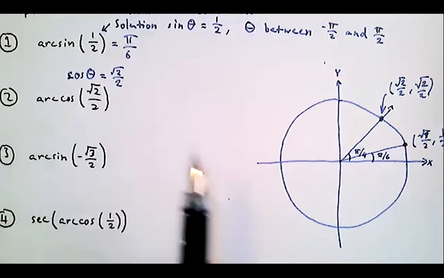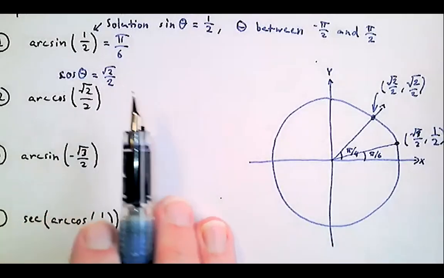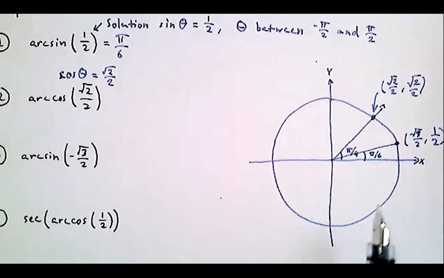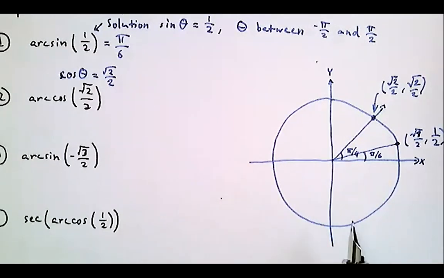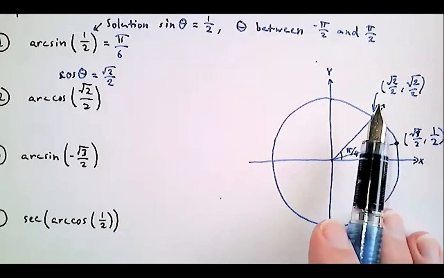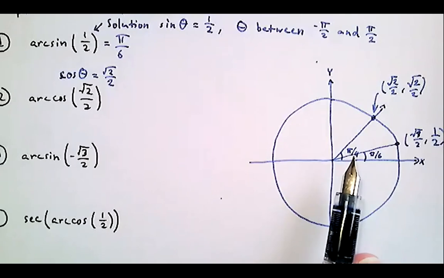Remember, cosine is the x coordinate on the unit circle. Do we already have a square root 2 over 2 on the x coordinates here? Yes, it's pi half. Close, pi over 4.